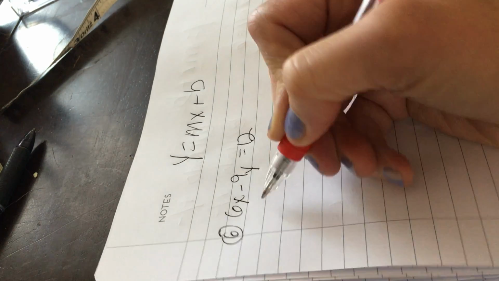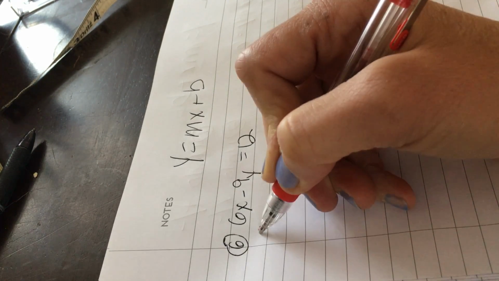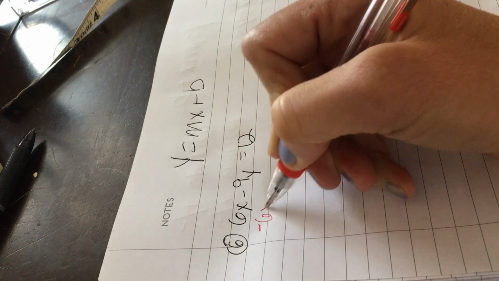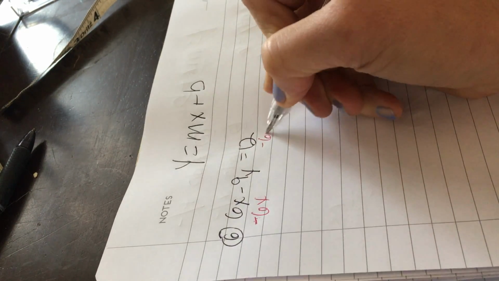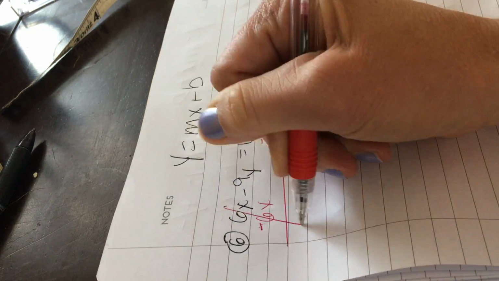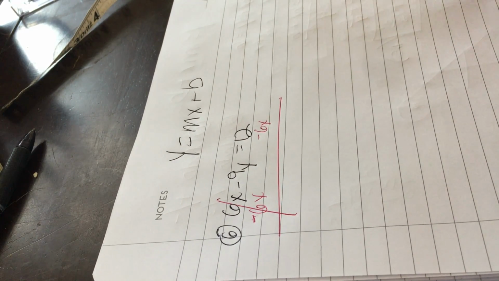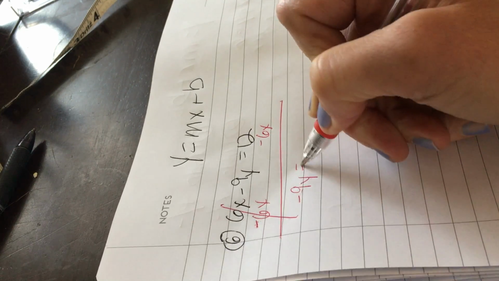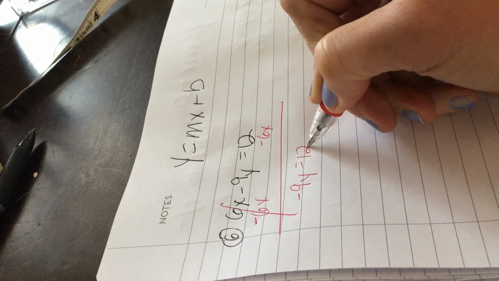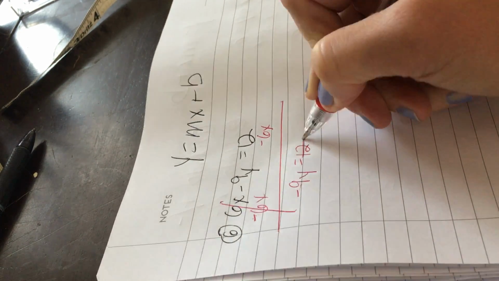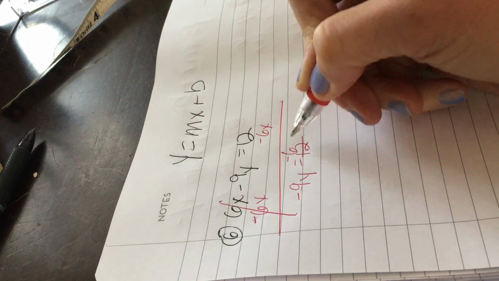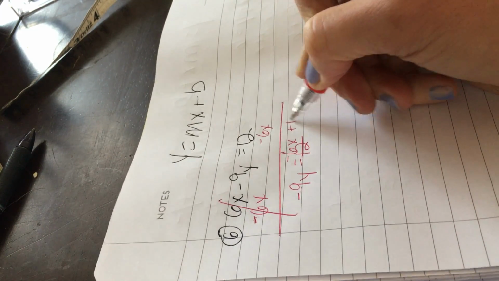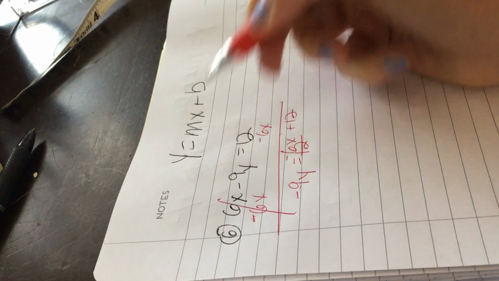Y is not by itself, so I have to move 6x: minus 6x here, minus 6x here. That cancels out. Then I'm left with negative 9y equals 12. Whoops, I lied. Negative 6x plus 12, because I want to keep it in that form.